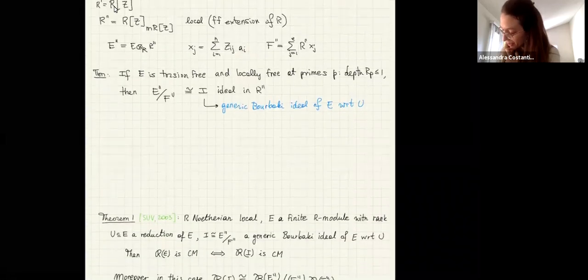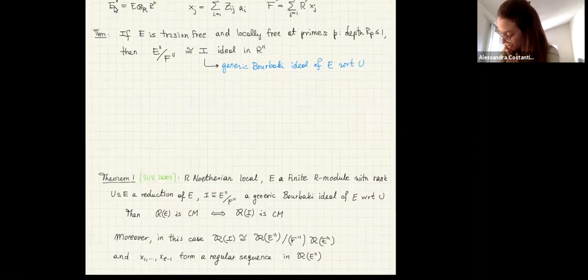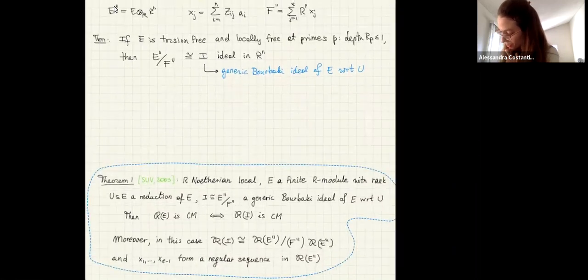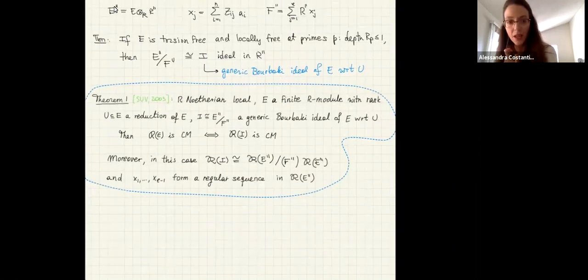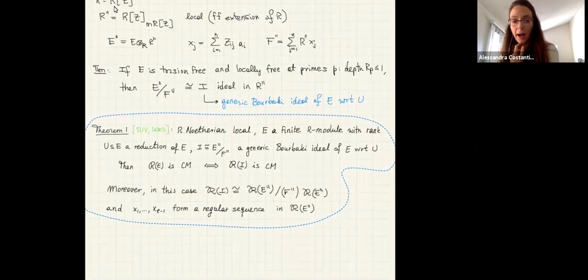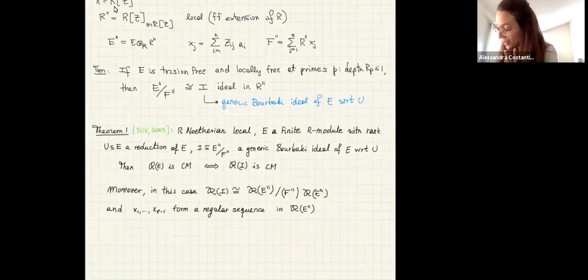And the main theorem, the magic that happens here, is this result that I'm going to drag up here. If you do this, picking U to be a reduction of E, so a reduction is a special submodule of E that helps you keep track of the powers of the module.